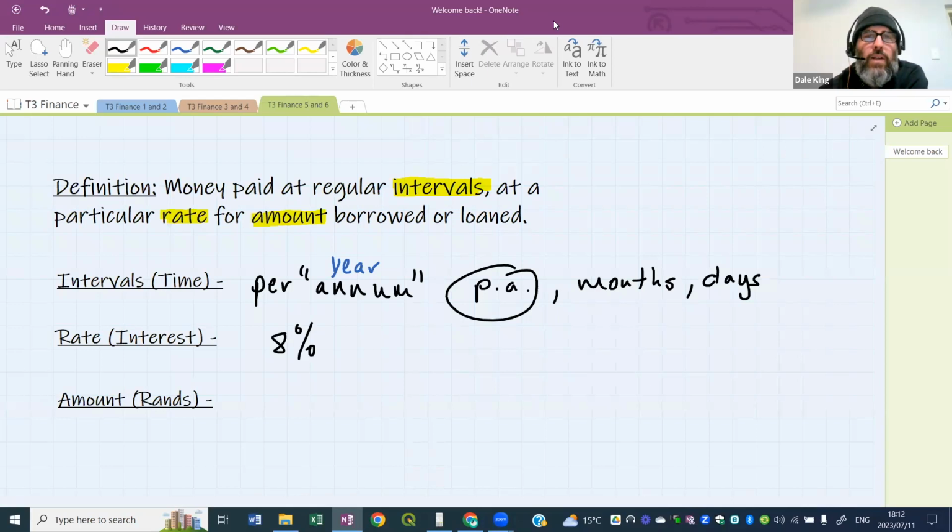Is that 8% that I've written down an interest rate? Yes, yes, yes, yes, yes. People are saying yes, it looks familiar. I think you guys are looking at it and saying it looks familiar. Okay, so a lot of you are agreeing.